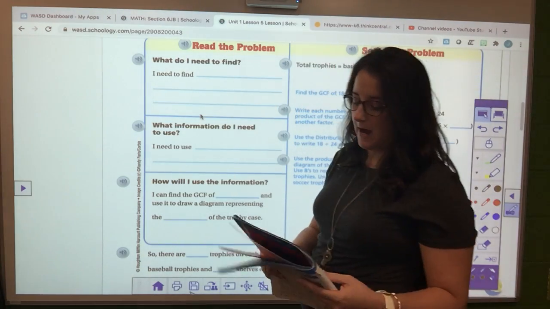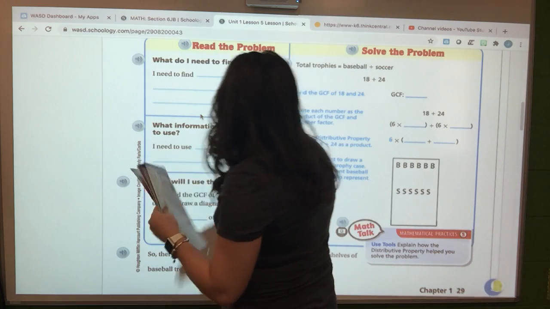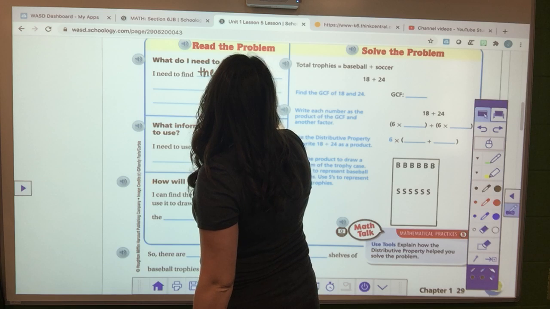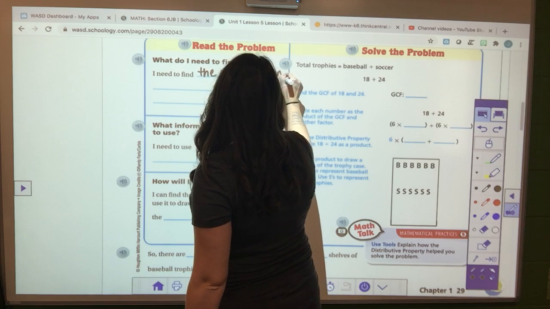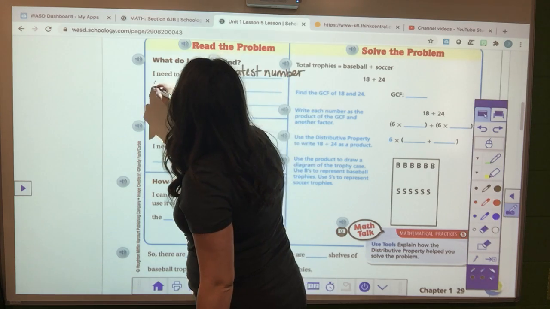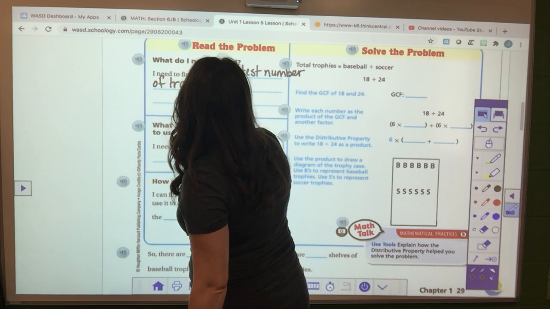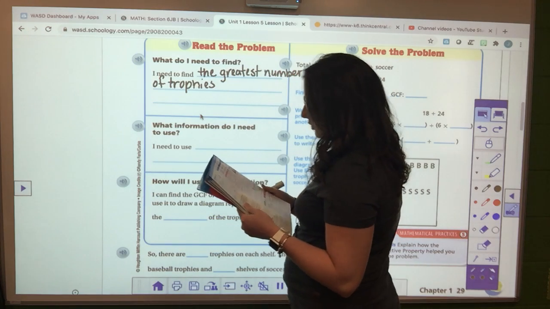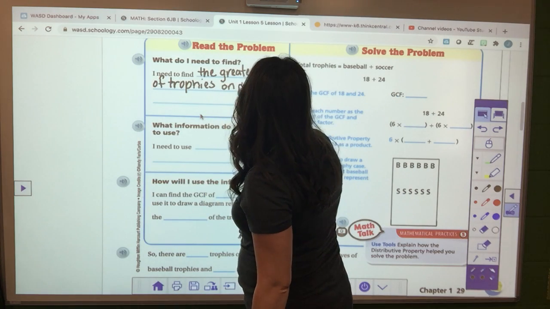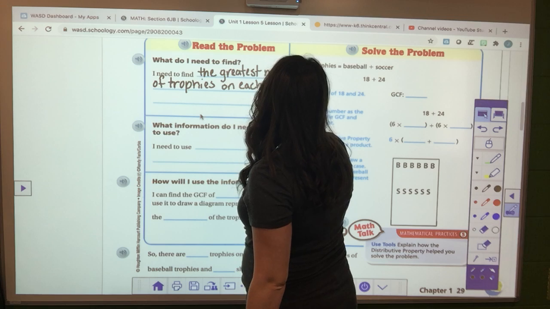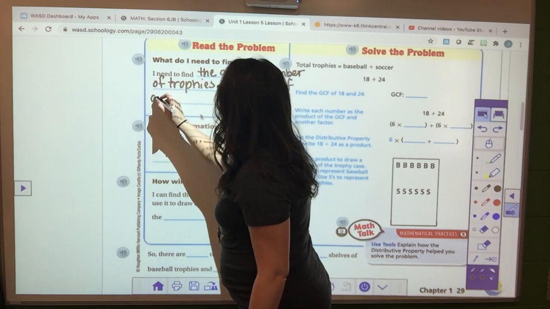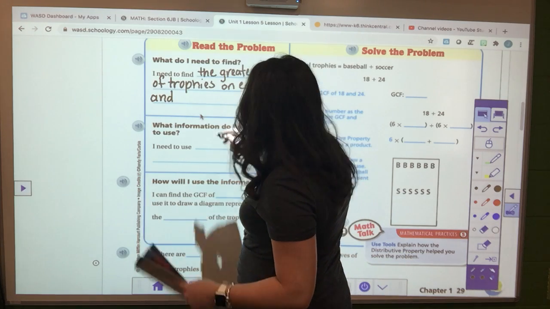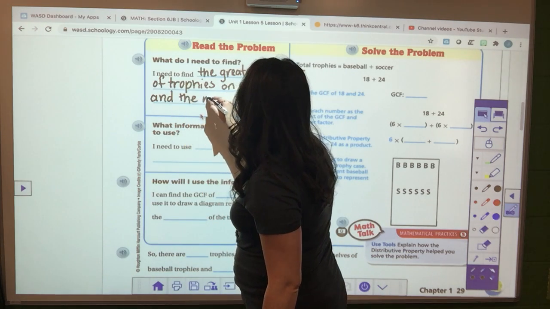So what do we need to find? We need to find the greatest number of trophies on each shelf, and remember there's two questions, we're finding two answers, and the number of shelves for each sport.